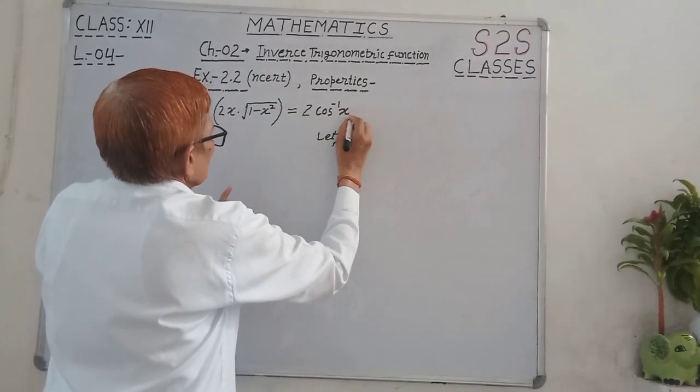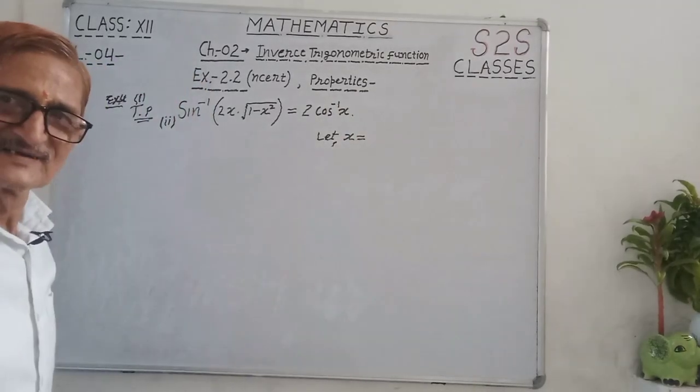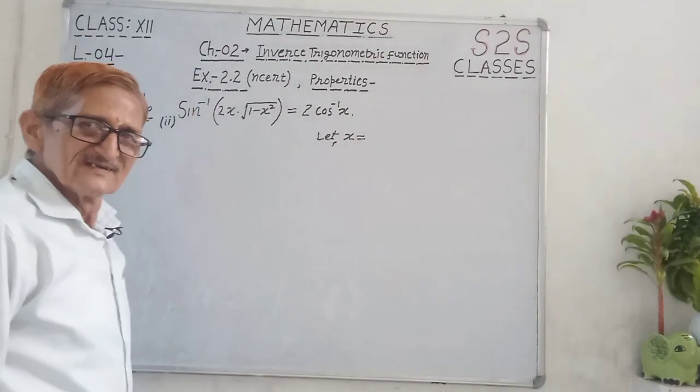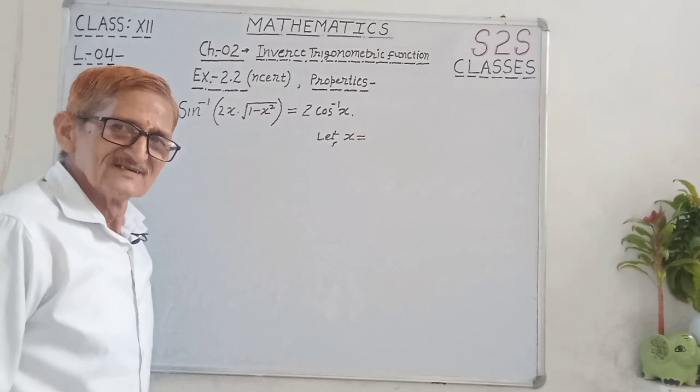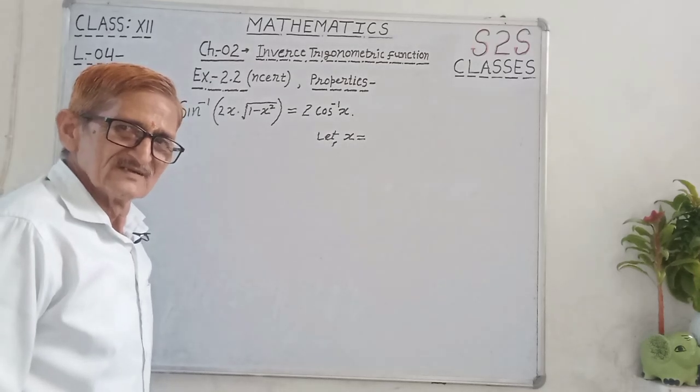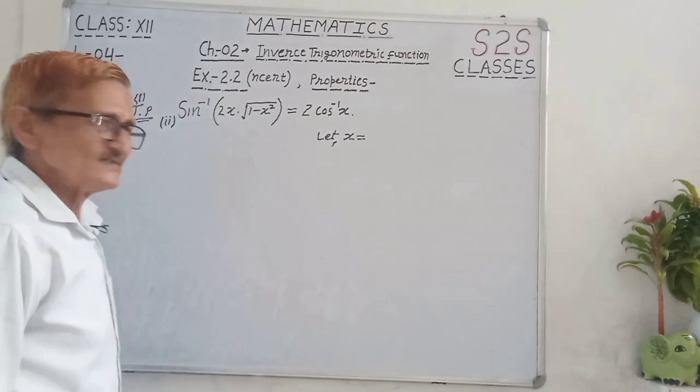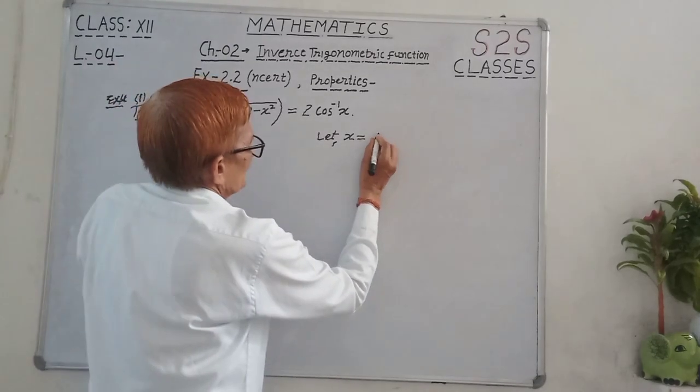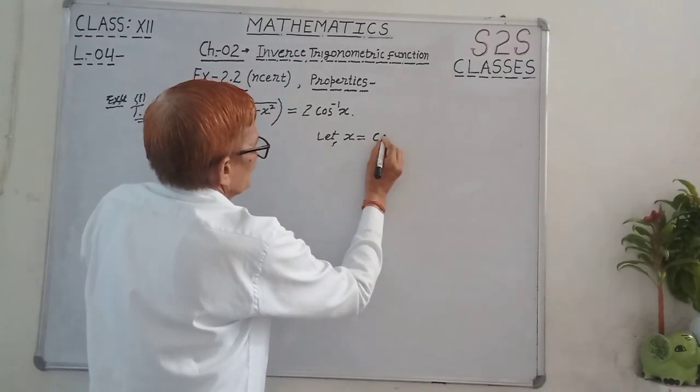This is the second part of the first example in the NCERT book. Now, here let x is equal to cos theta, because the output is in the cos form.